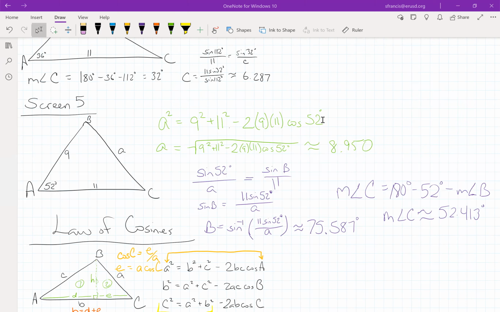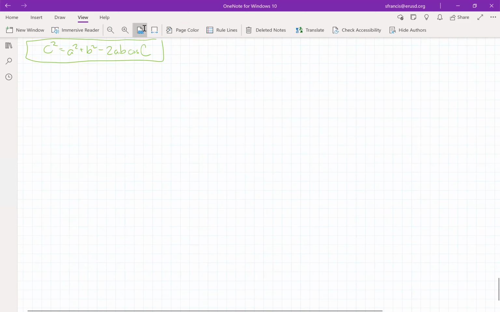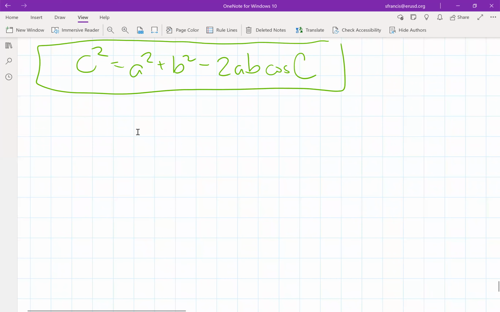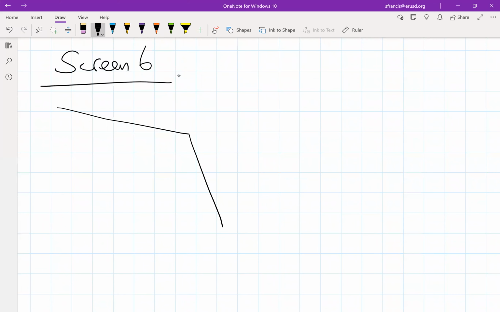All right, for screen 6, the triangle looks like, sorry, just getting things the way I want them. 10.51 here, 111 degrees here, 7.05 here, and how did I label it?